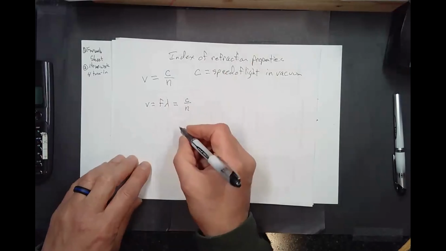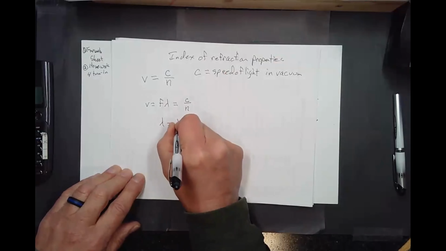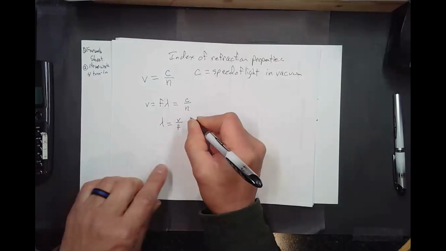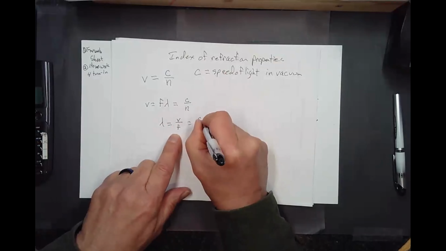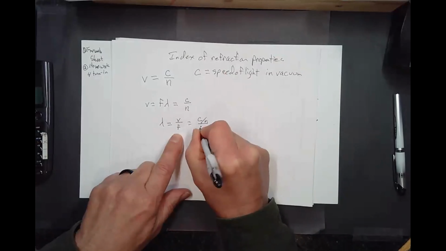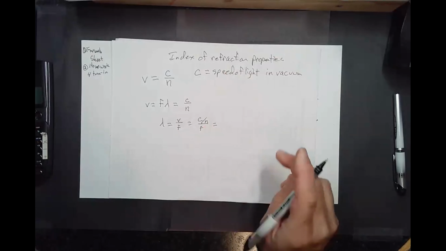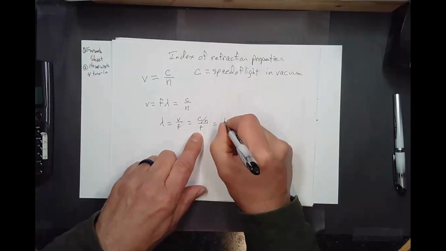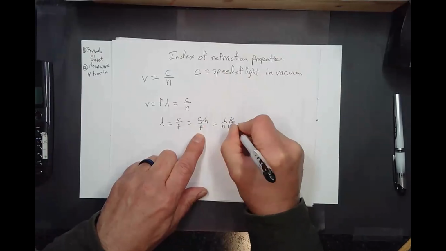And what you end up with is that the wavelength, which is the speed divided by the frequency, and the frequency never changes. The speed does, though. You'll end up with c over n divided by the frequency, or you could write that as 1 over n times c over f.